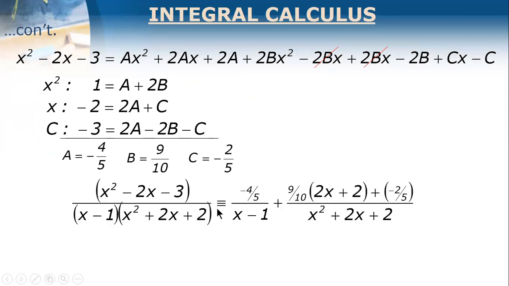And this is the result. This is our A, negative 4/5 over x minus 1. B, 2x plus 2 plus C. Okay.